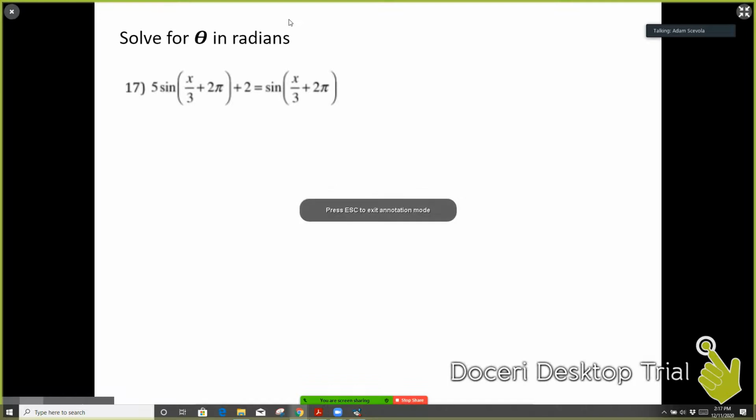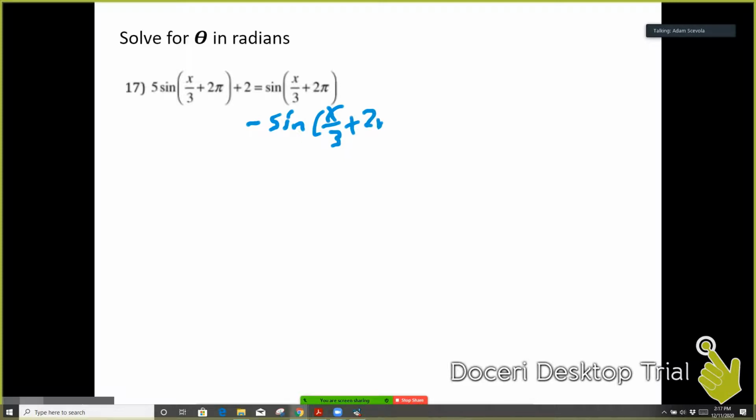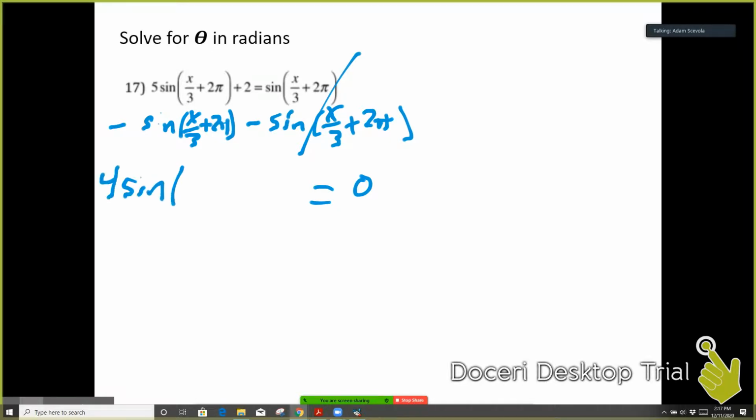So I can subtract the sine of x over 3 plus 2 pi on this side, and then subtract the sine of x over 3 plus 2 pi on this side. That would give us a 0 on the right side. And on the left side, we would get 4 times the sine of x over 3 plus 2 pi, because those are like terms.